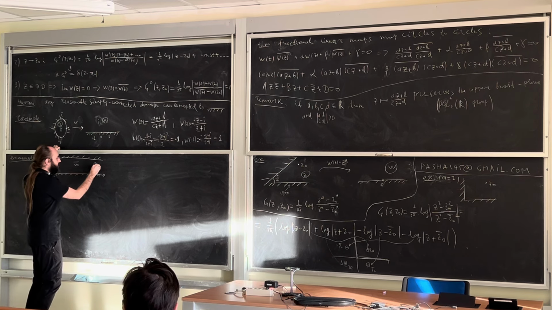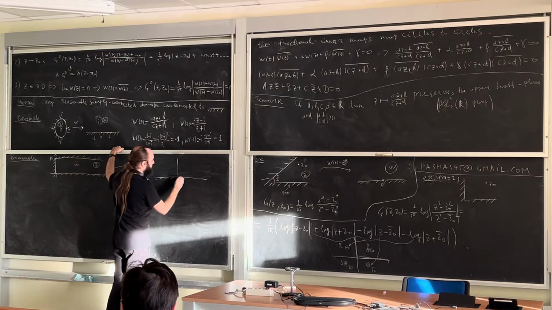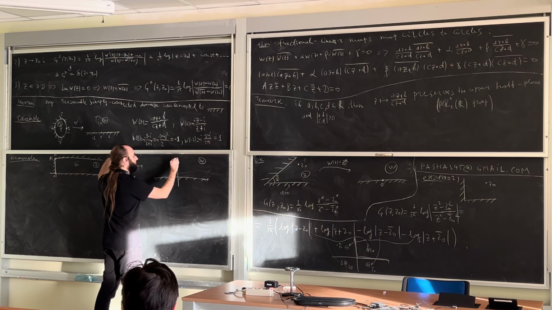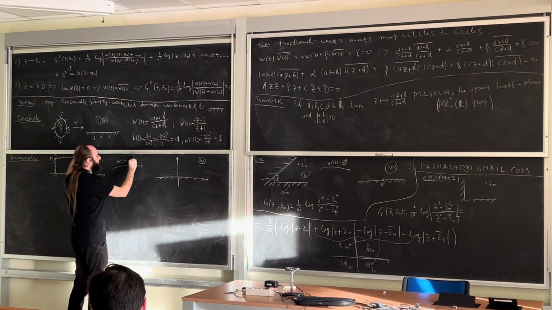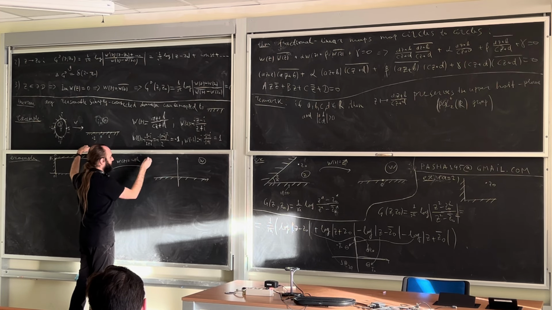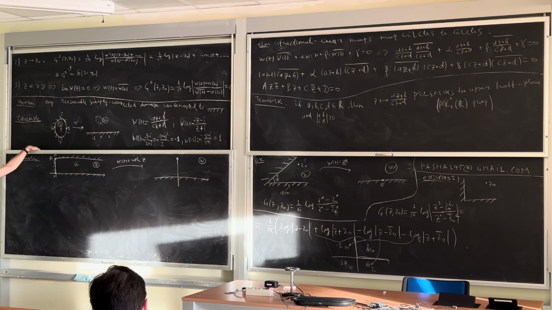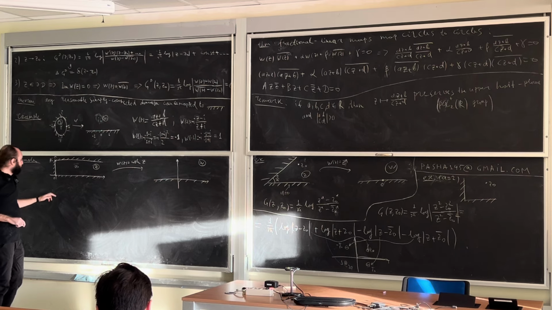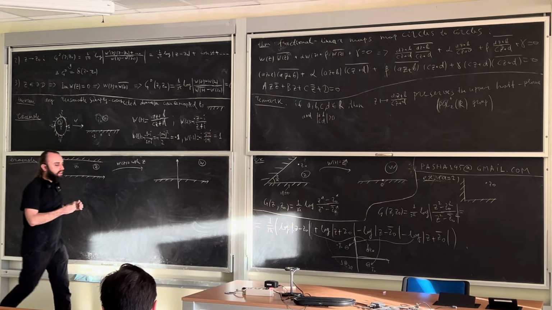So this is w equals cosh z. So let us see what happens.